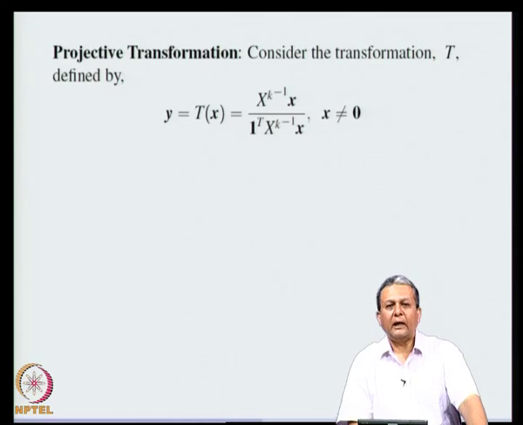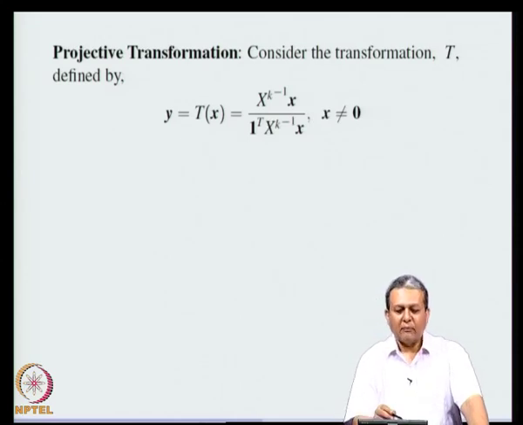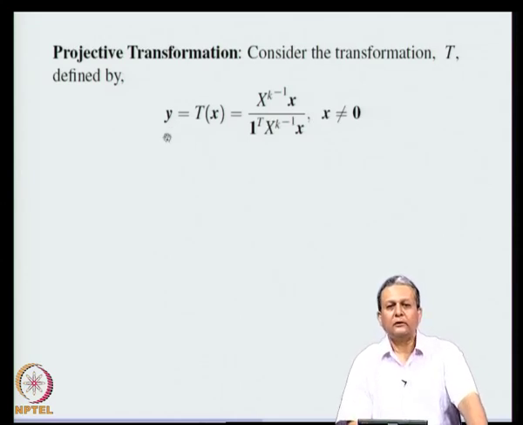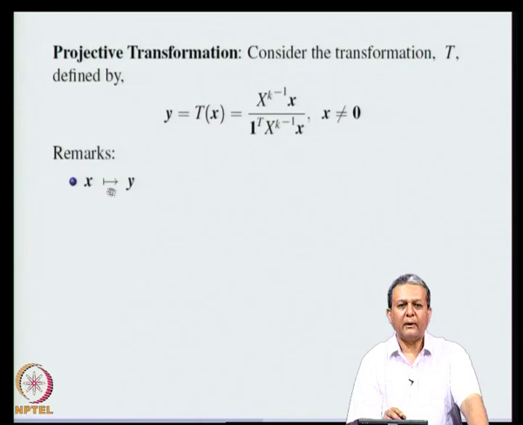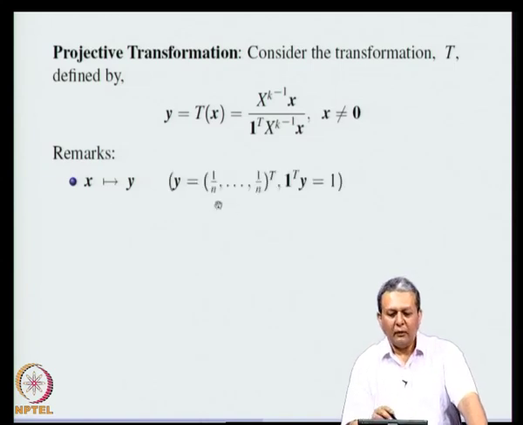So, any point x gets mapped to the center of the feasible region in the y space. When we consider a mapping from x to y, you will see that y has coordinates 1 over n for all n dimensions, and 1 transpose y equal to 1. So, this transformation lets us map x to y such that y is the center of the feasible region.